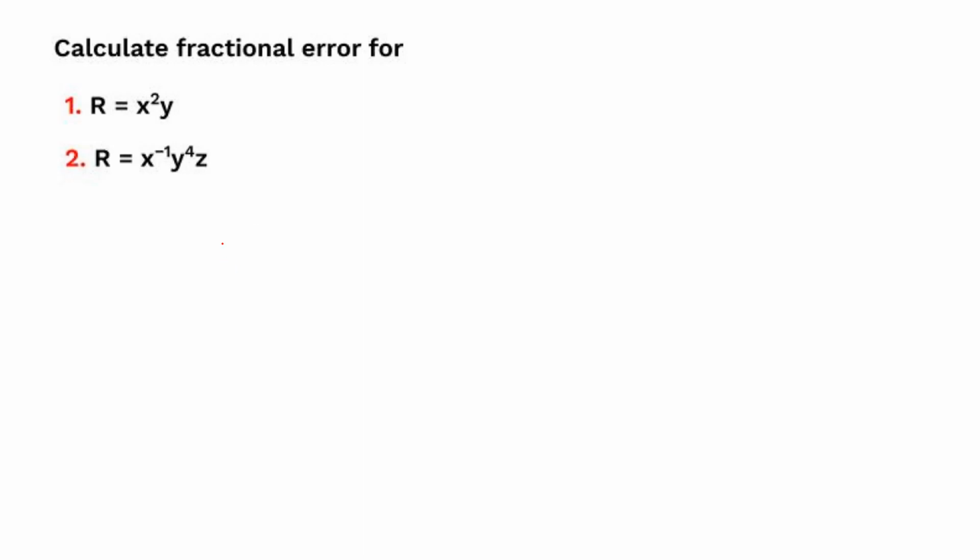Now there are two functions that I have taken as example: r equals x square y, and the second one is r equals x to the power minus 1, y to the power 4, multiplied by z. Okay, so r is equal to x square y, right?